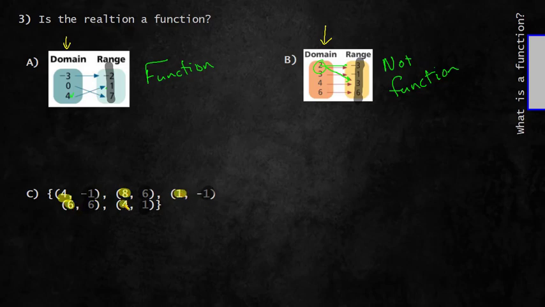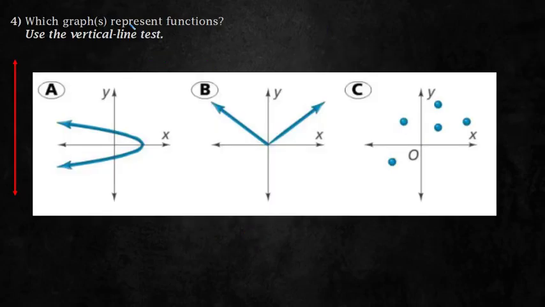Well, 4 is used here and here, and they're going to 2 different y's, so therefore this is not a function. So when it's not a function, that just means it's just a relation. All functions are relations, but not all relations are functions.